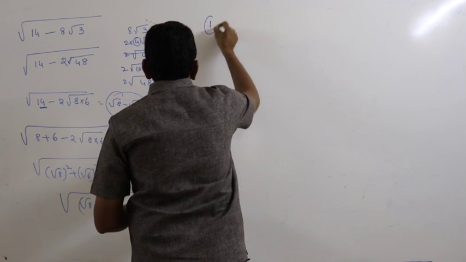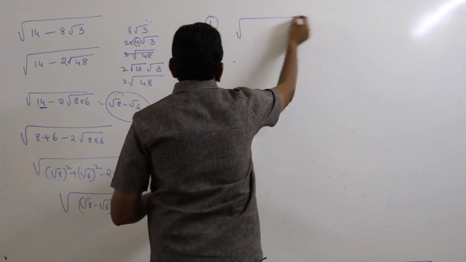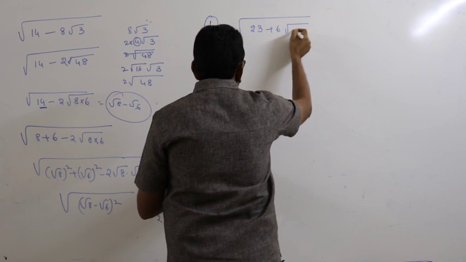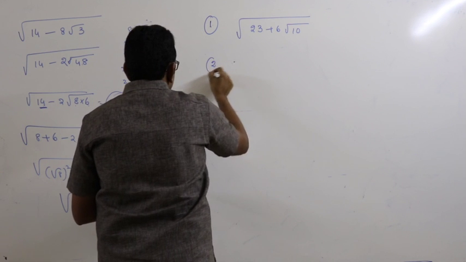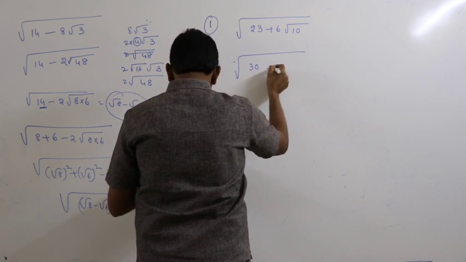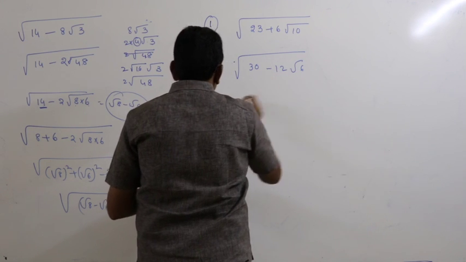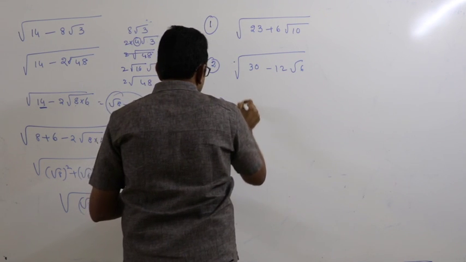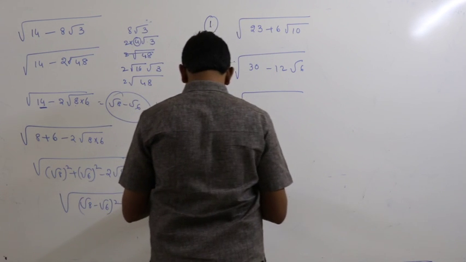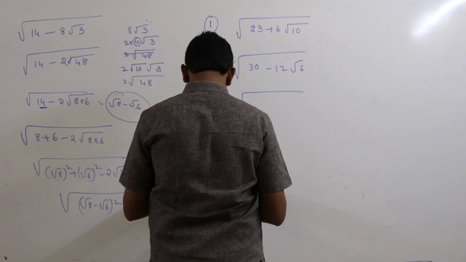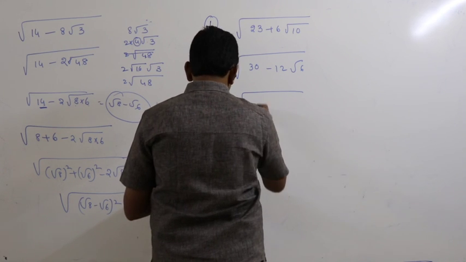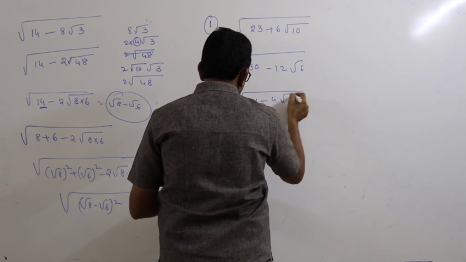In the same way, you try these problems: root of 23 plus 6 root 10, root of 30 minus 12 root 6, and root of 11 minus 4 root 7.